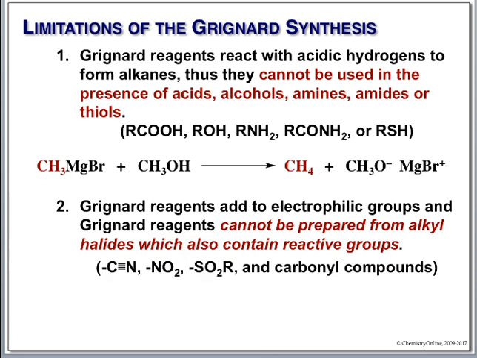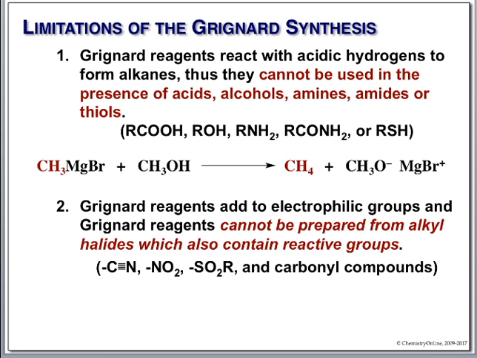Secondly, if we have mixed functionality, because we have a really strong nucleophile, it can add to darn near anything. Not just carbonyls. It can add to nitriles, nitro groups, sulfonyl esters, whatever.